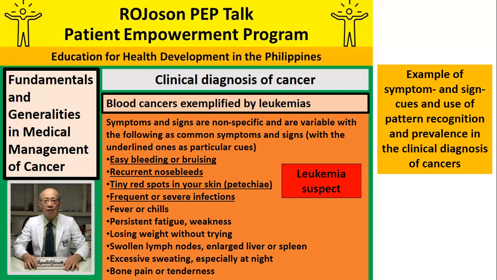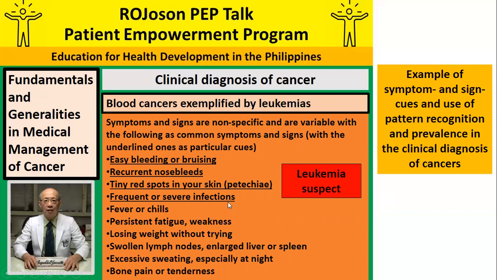So the signs and symptoms, or symptoms and signs, in leukemias are non-specific and variable, with the following as common symptoms and signs listed down here, but with the underlying ones as particular cues: easy bruising or bleeding, recurrent nosebleeds, tiny red spots on the skin or petechiae, frequent or severe infections.